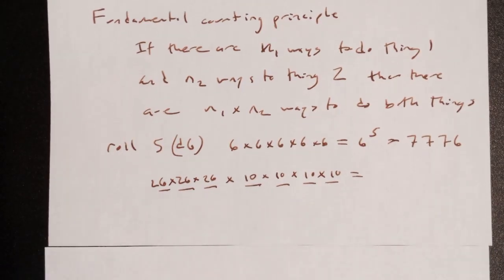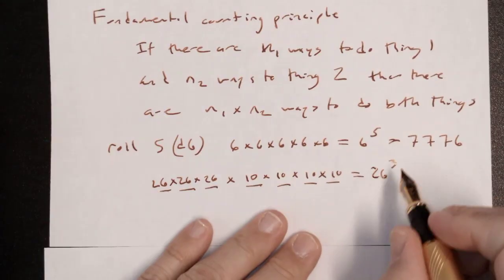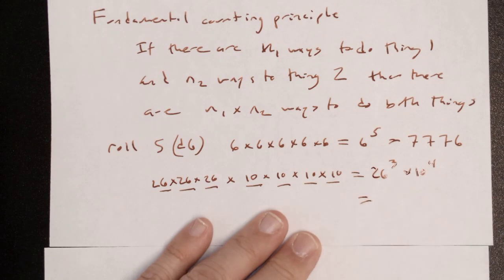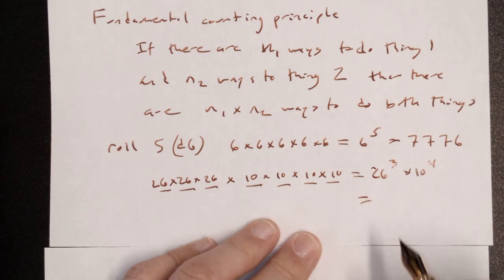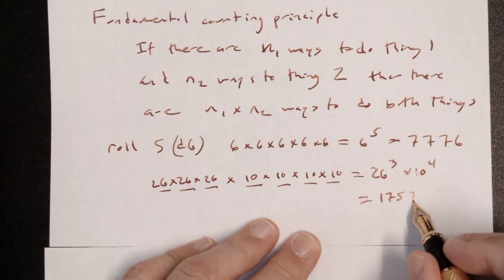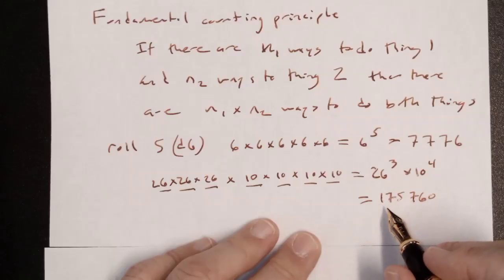By the way, I can again abbreviate. I can write this as 26 to the 3rd power times 10 to the 4th power. Tony, what you got? 1.75 million, 760,000. Say that again.